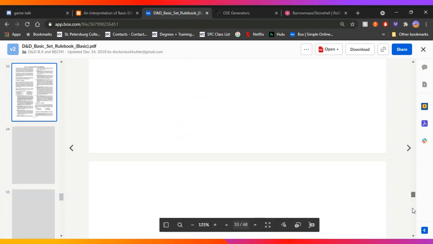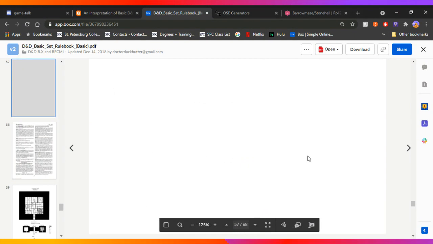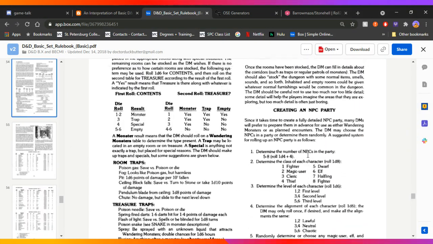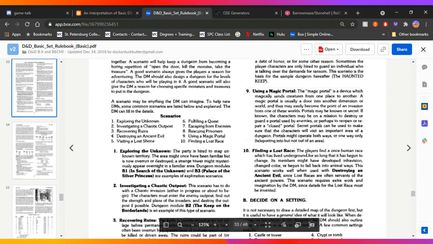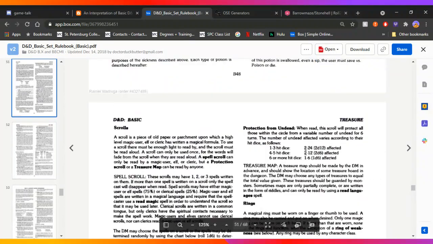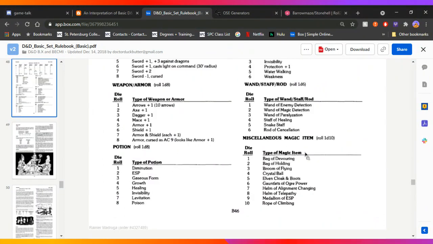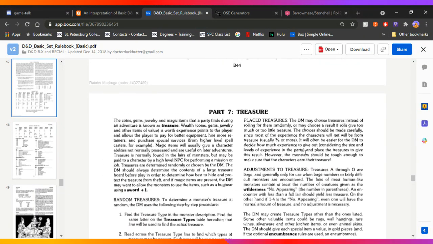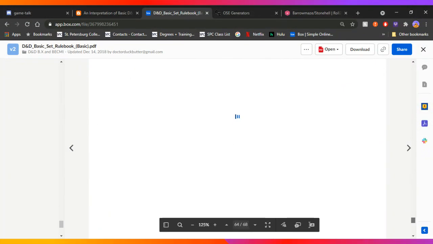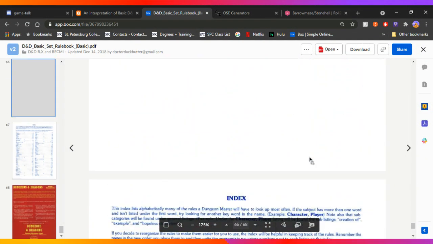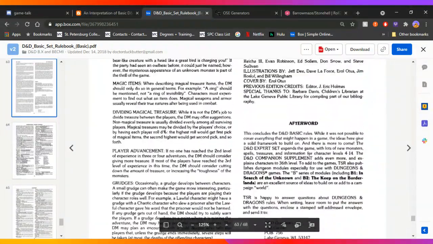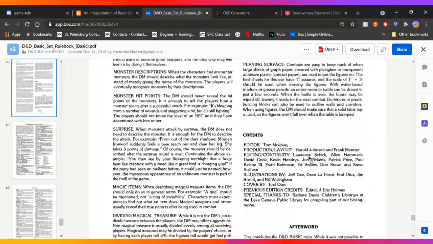I have to find the GM advice section where they're talking about Tom Mulvey, because I had people come in telling me I played in Tom Mulvey's game and this is how he did it. And I understand that might be how he did it, but I'm also going off of what's written here. So that's just me. It's at the very end, because I think it's towards the end of the book. Yep, right at the end.